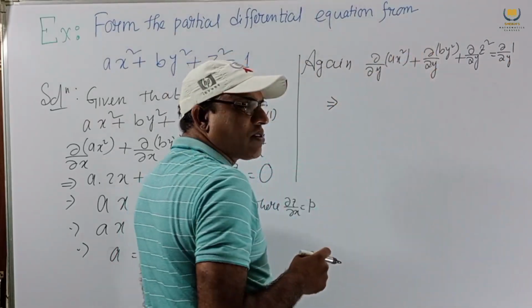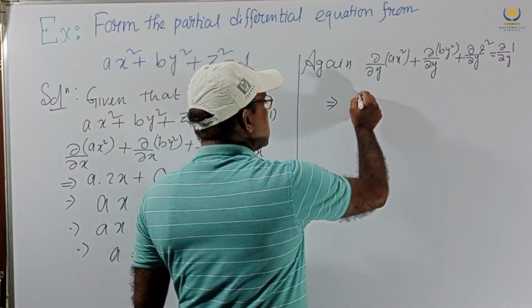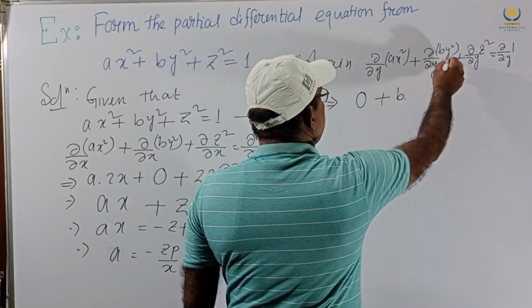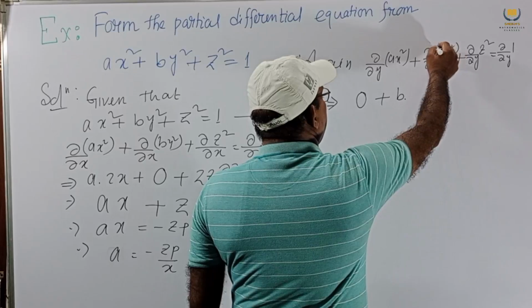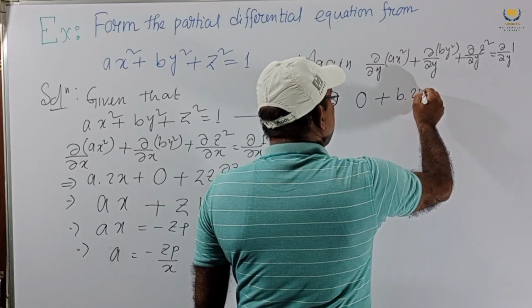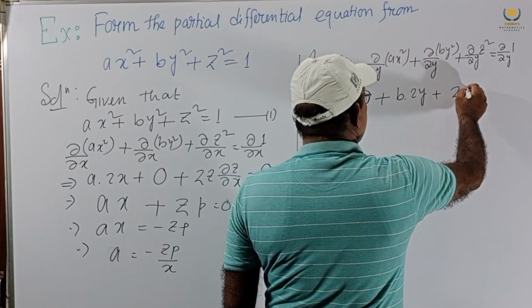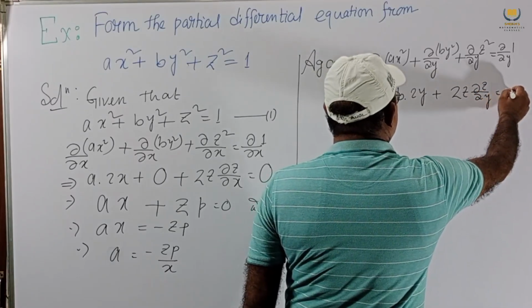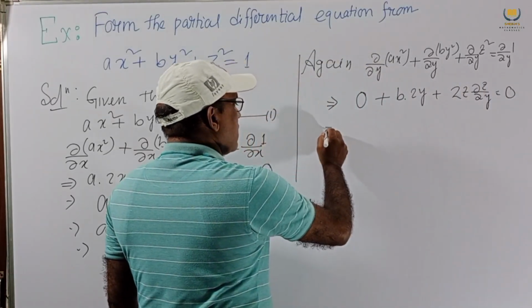We differentiate partially with respect to y, and this term will be 0, constant, and b into del y of y square, which means twice y, and this is 2z del z by del y equal to 0.